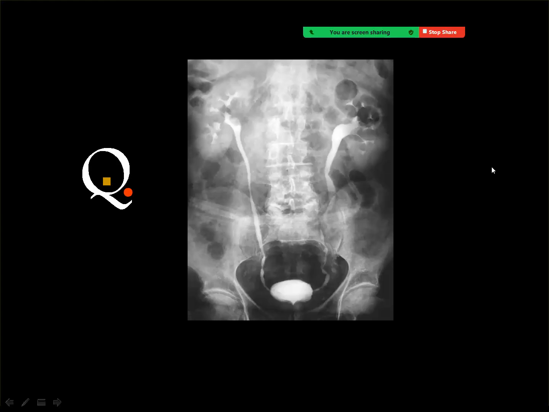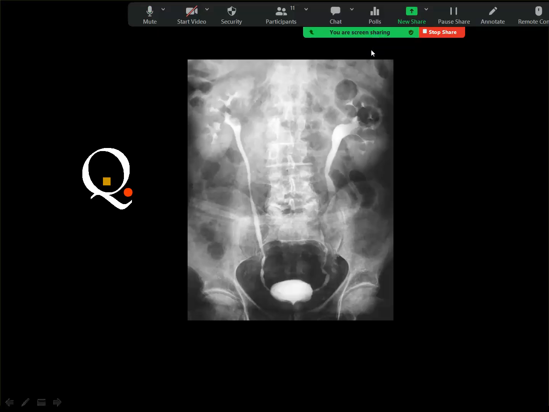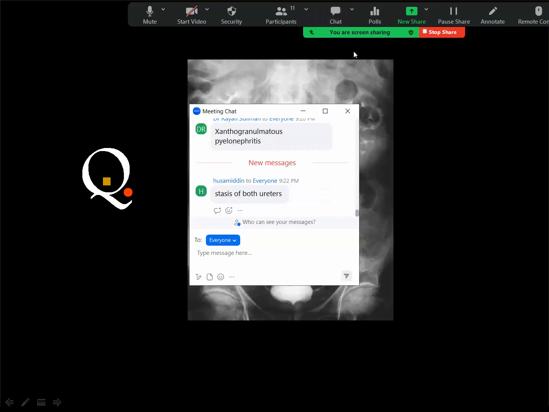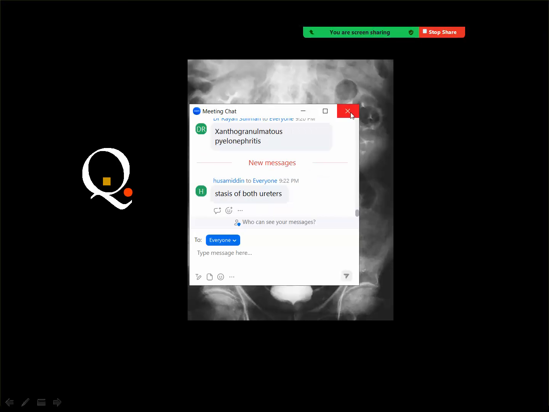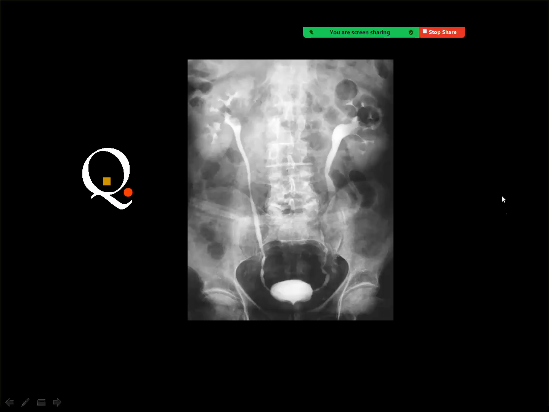This is a selected film from an intravenous urograph. And he said that there is some stasis in the ureters.